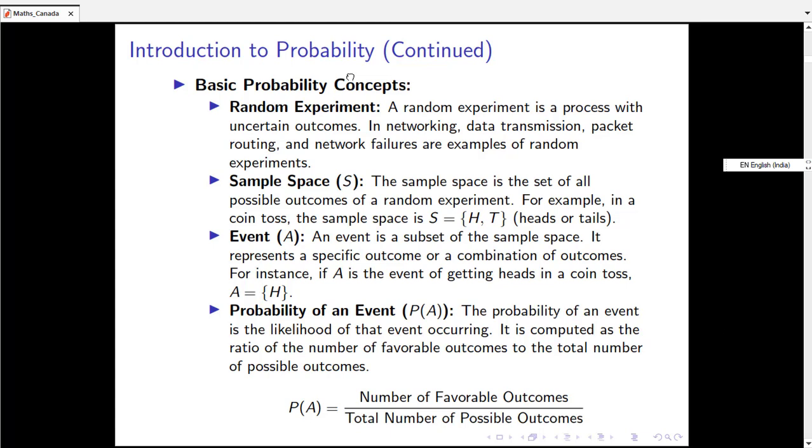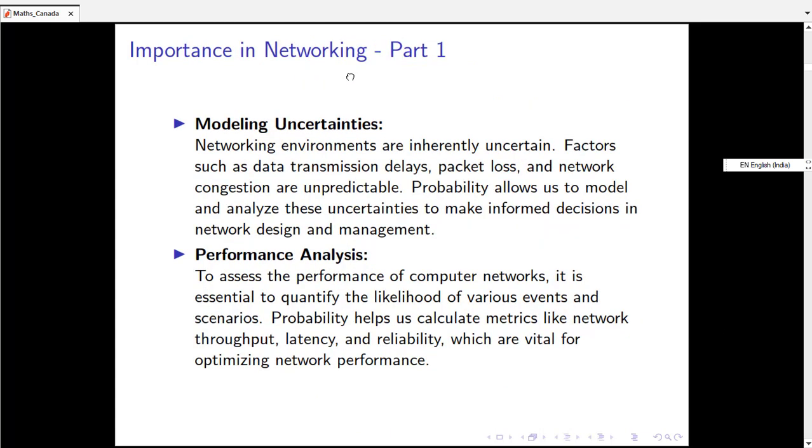So 1 by 2, the probability is 0.5, because either it will be head or it will be tail. And as the number of outcomes increases, the probability concept gets deeper insight.